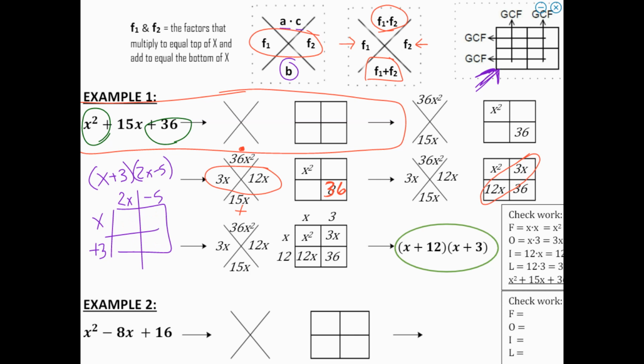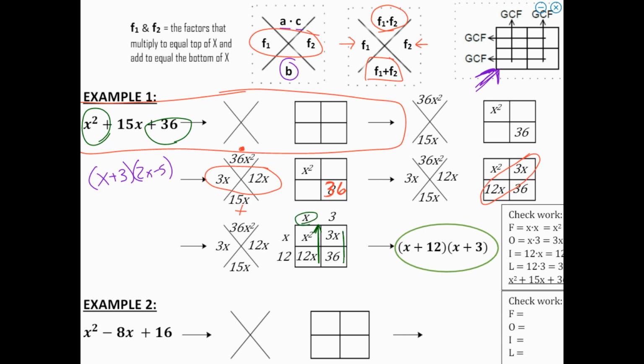So now we have this part and we need to figure out the top because that's the answer we're looking for. Okay? So what is my greatest common factor of 12x and x squared? X. That's why there's an x at the top there.